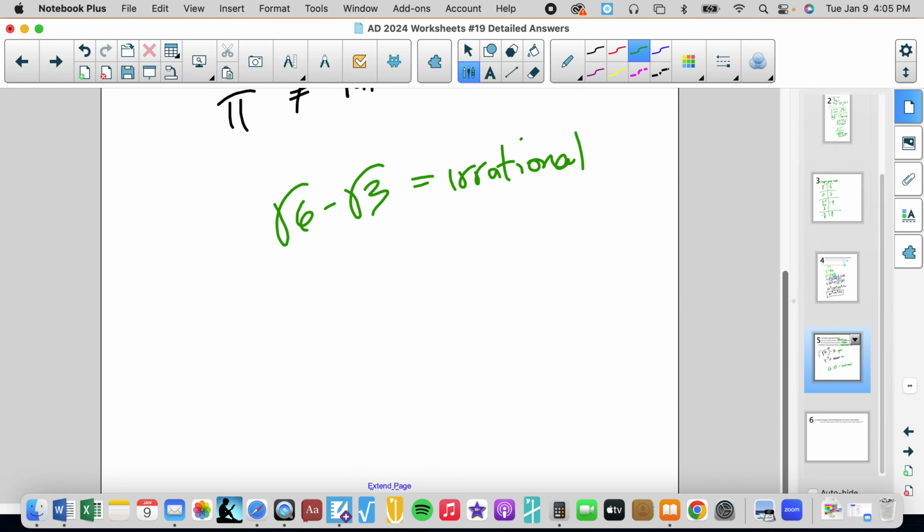However, if I have 2 rad 3 minus rad 3, that's going to equal rad 3, which is irrational.